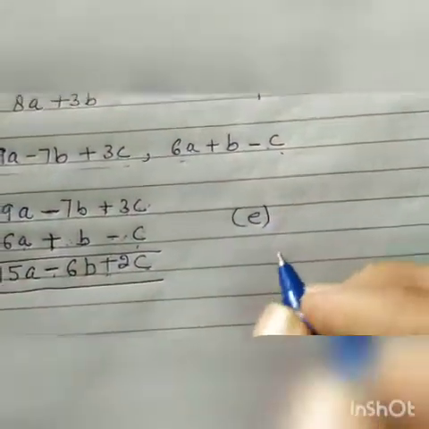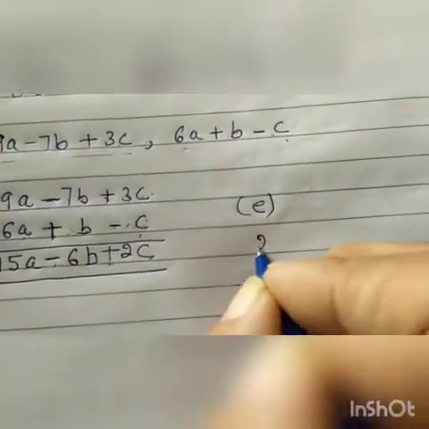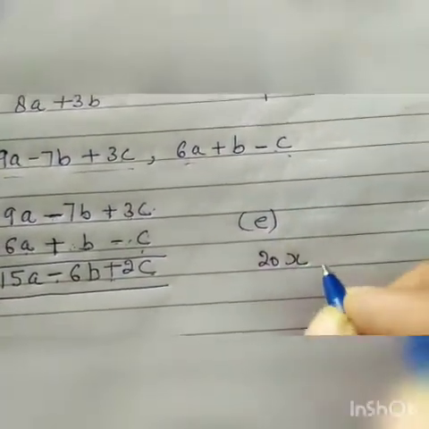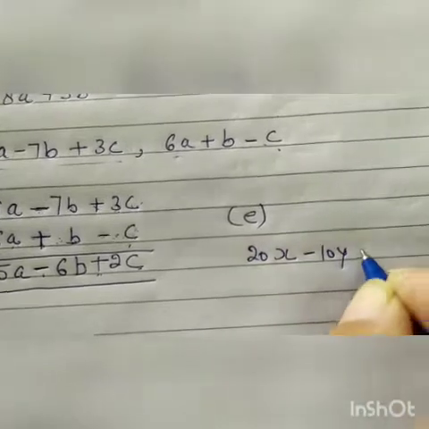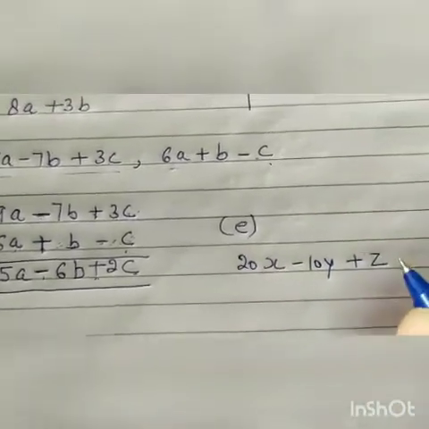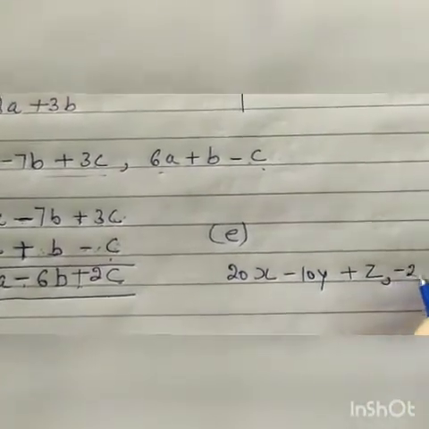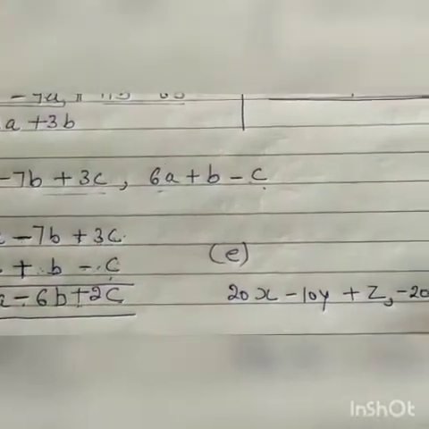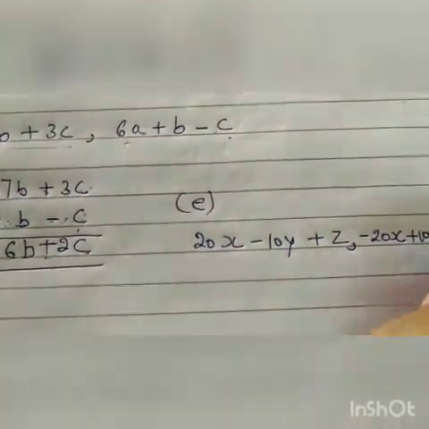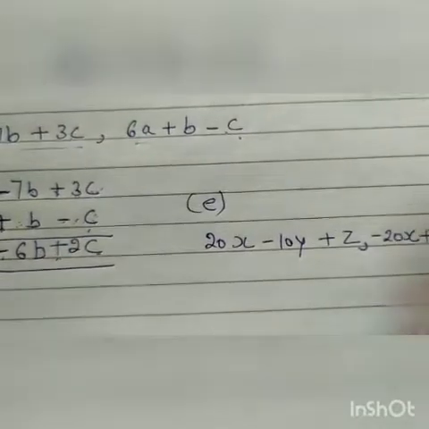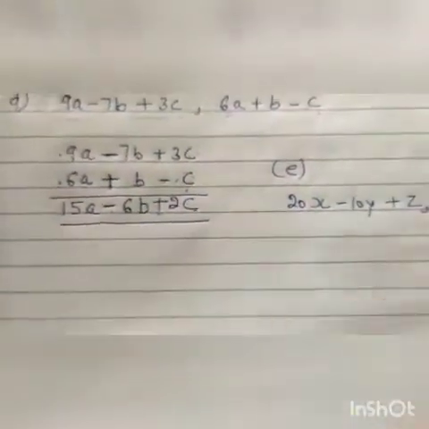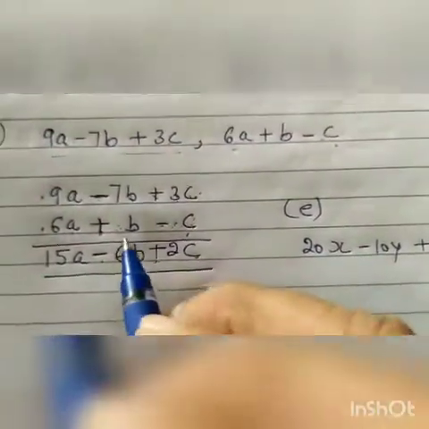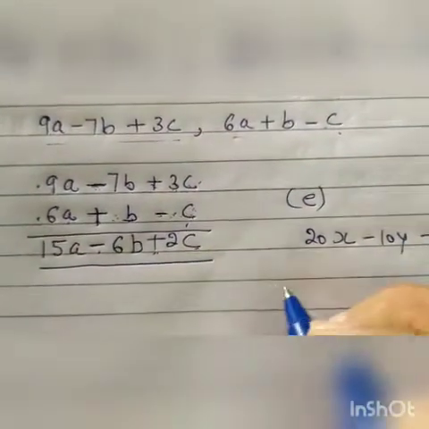Its E part is 20x minus 10y plus z, then minus 20x plus 10y minus z. Again we will use the column method to simplify it.